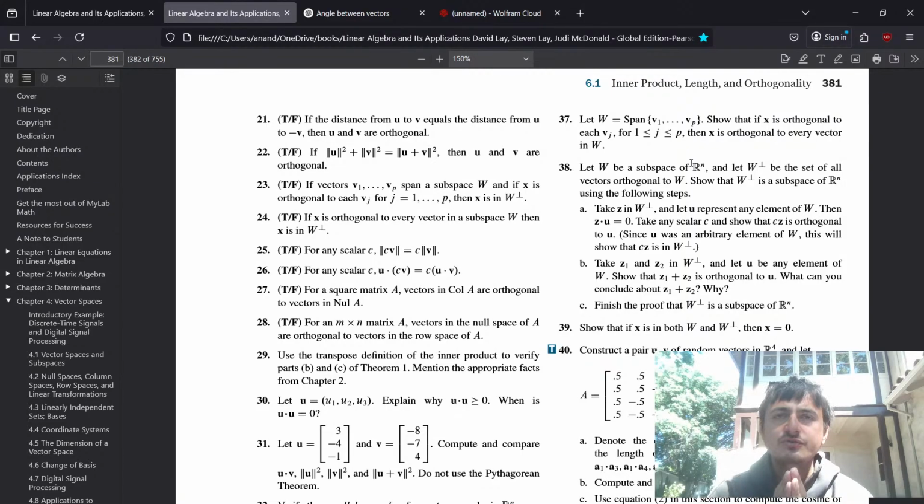Now we need to take two vectors, u and v, that are in W perp, and show that u plus v is in W perp.